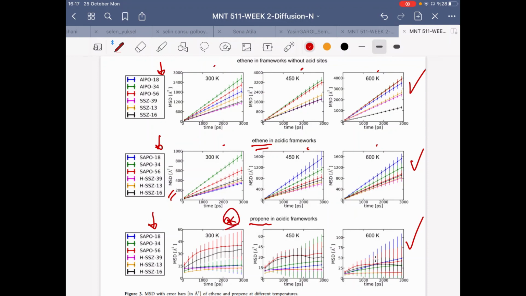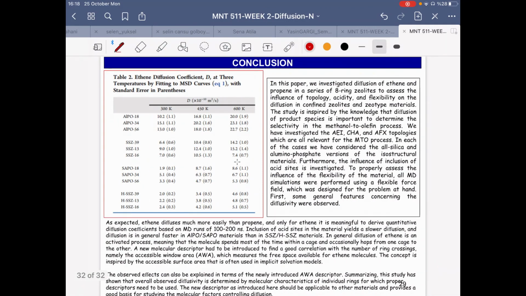So they actually omitted propene and continued their theoretical calculations with ethene, because this molecule is not following this route. Then they wrote their conclusion according to what they had found.